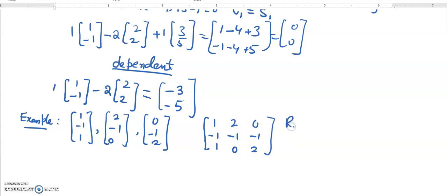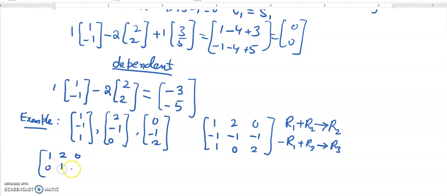So I apply the row operation, row 1 plus row 2, and that will be row 2, and then minus row 1 plus row 3, that will be row 3. So by doing this, it will be 1 2 0, 0 1 -1, and then 0 -2, and then 2.